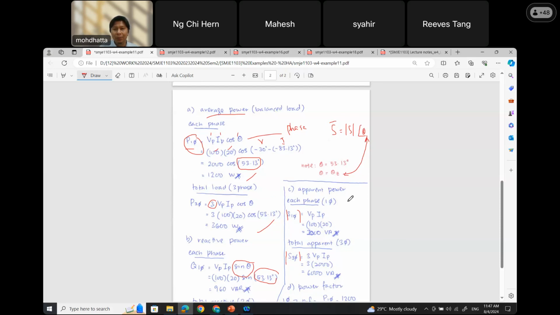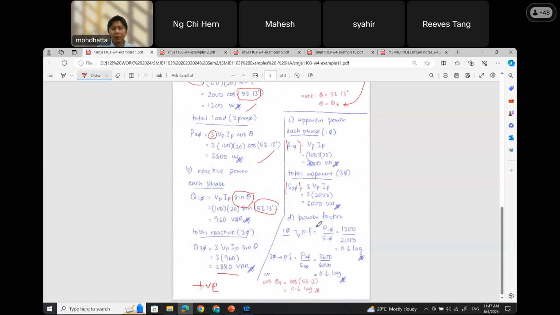But at this point, just understand that there is a difference between apparent power and complex power. Apparent power refers to the magnitude portion of the complex power.